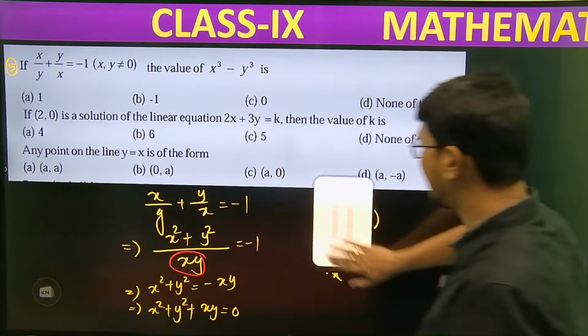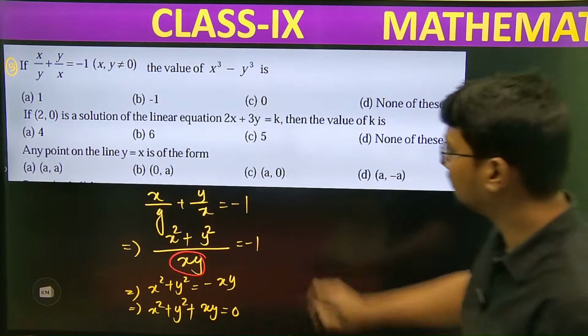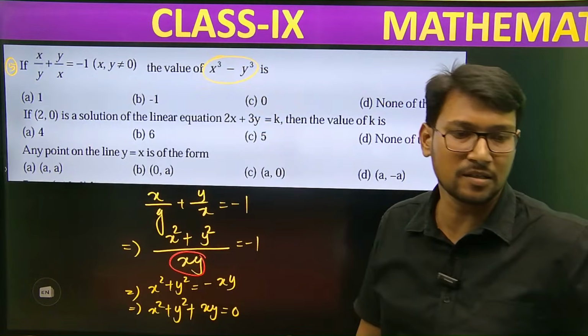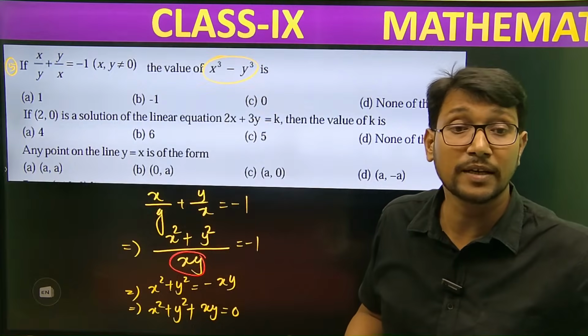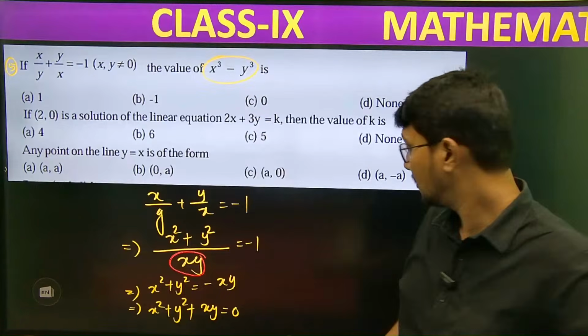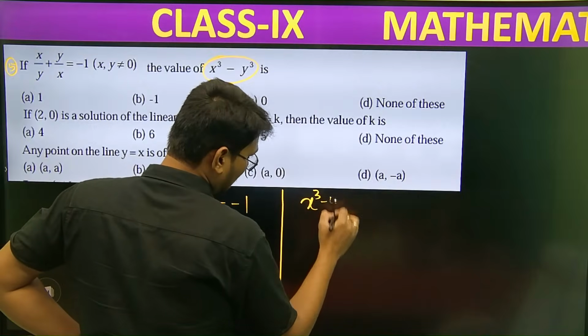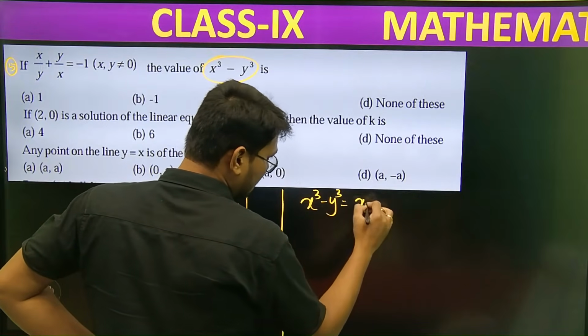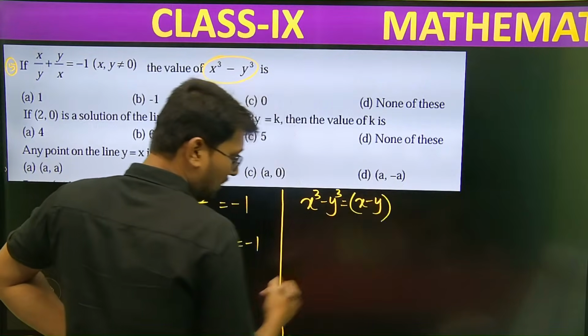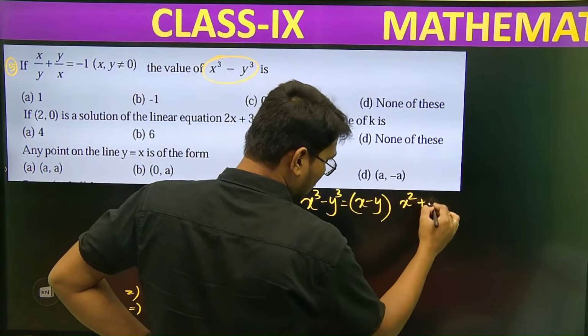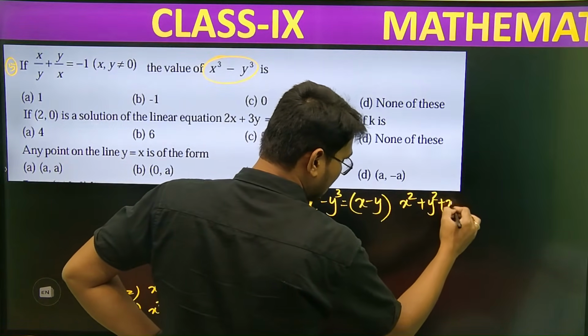But what is the question asking? Find x cube minus y cube. What is the value of x cube minus y cube? You know, children, x cube minus y cube equals x minus y multiplied by x square plus y square plus xy.